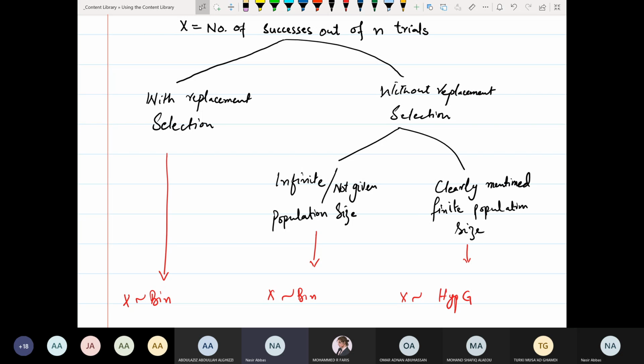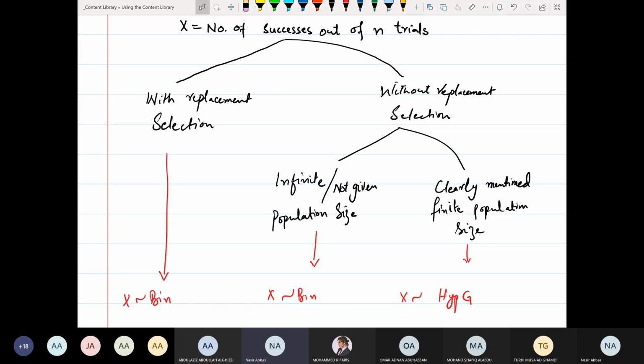That's number one. Now, the second thing is when you are picking without replacement, or there is no statement about with or without replacement, obviously you will assume it without replacement, then you get to see the size of your population. If the size of your population is infinite or not mentioned in the question, that will also be assumed as infinite size. In that case also your X will be binomially distributed.